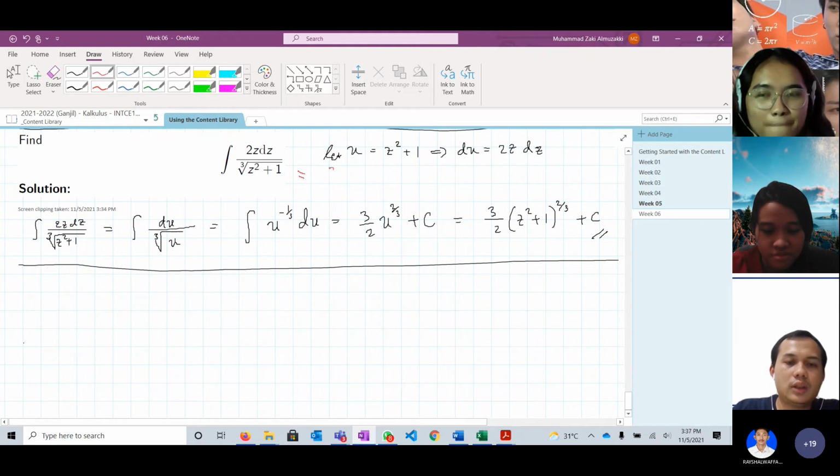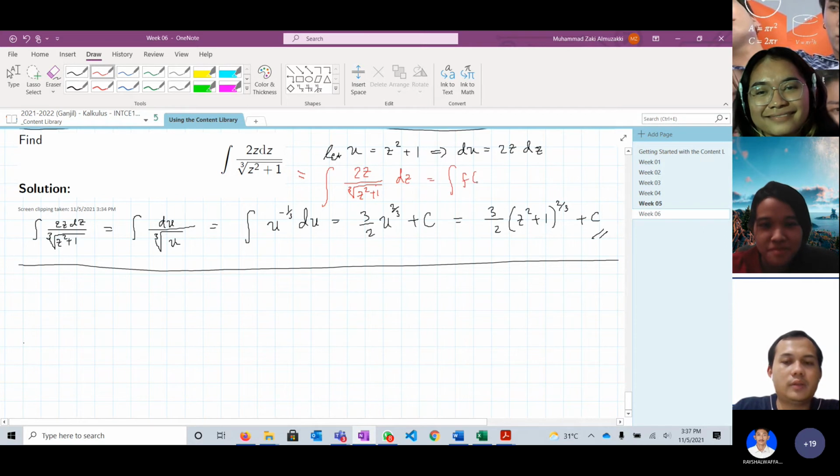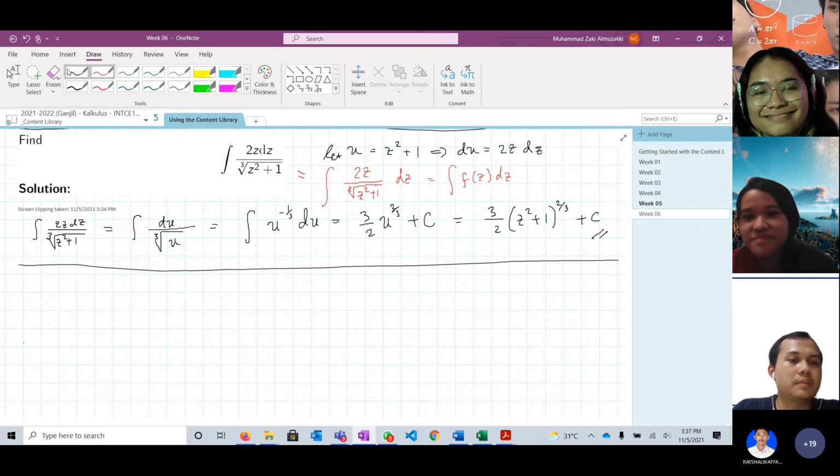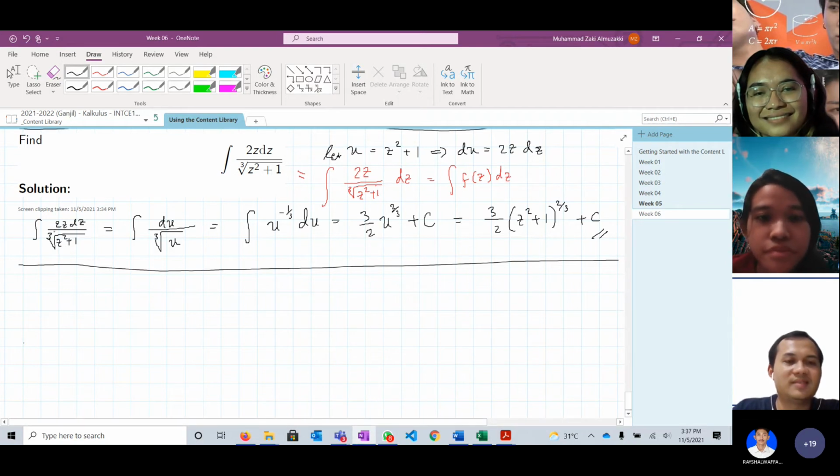This is equal to the integral of 2z over the square root of 3 z squared plus 1 dz, like this. Oh, I see, because they were combined like 2z dz. Okay, thank you, sir.